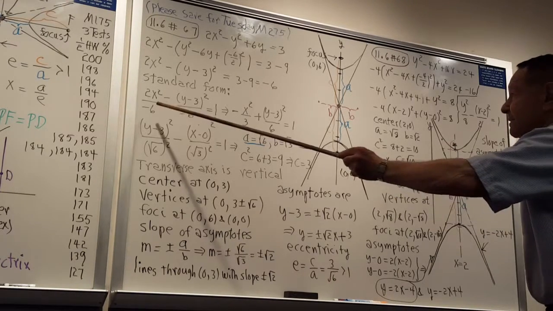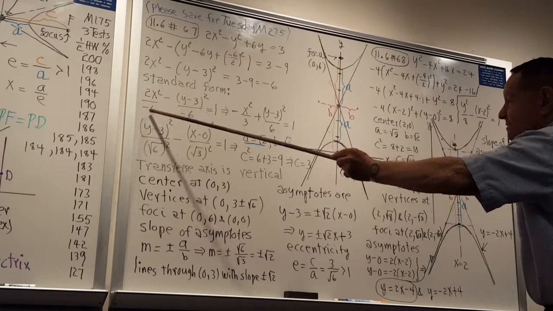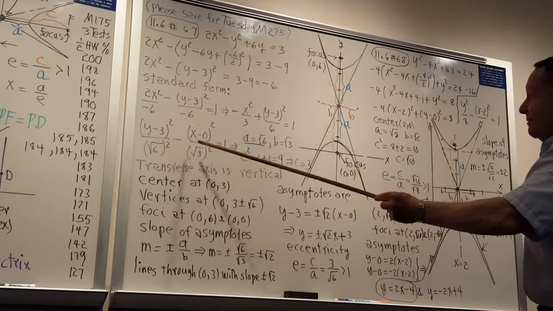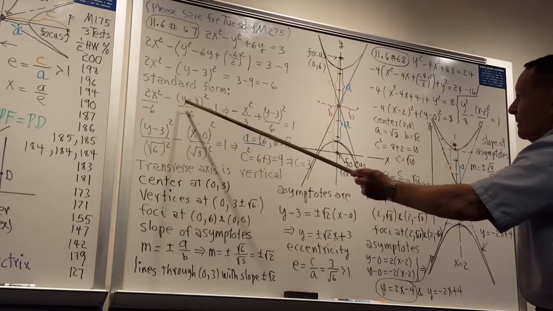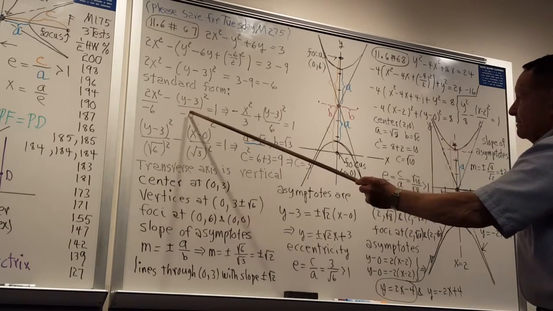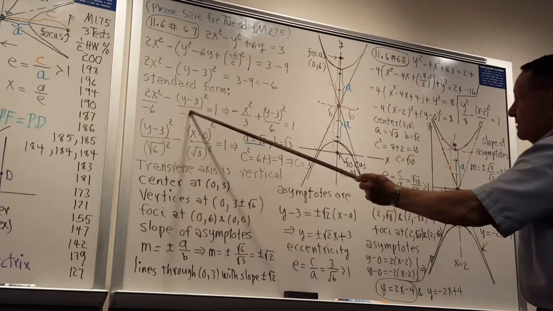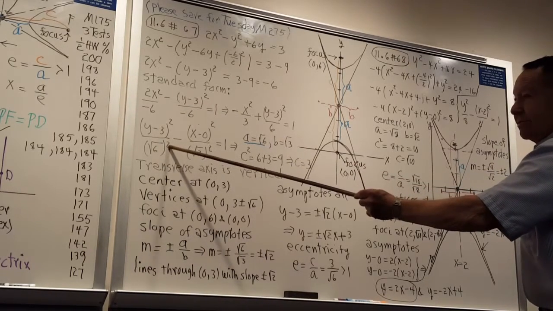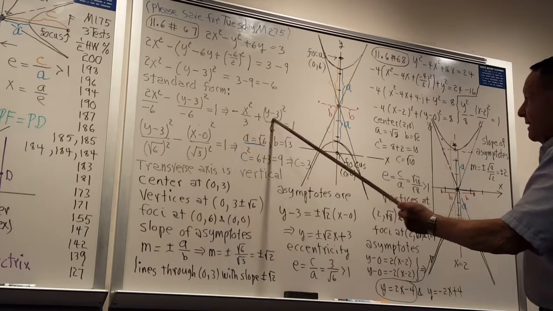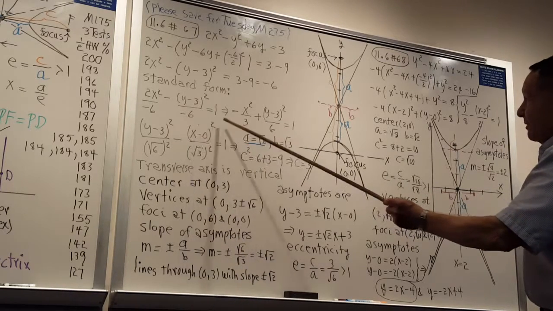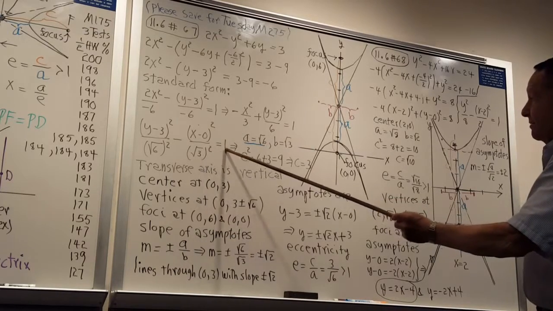And so 6 divided by 2 is 3, which is over here, so I have this over 6, which is the square root of 6 squared, minus then, from here, the x squared over the square root of 3 squared, is 1.